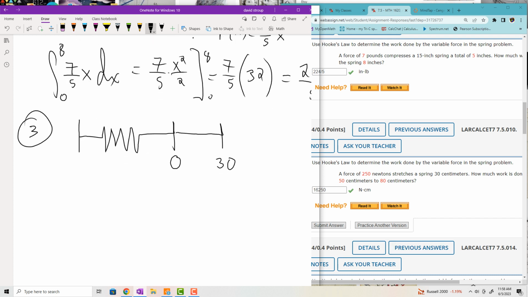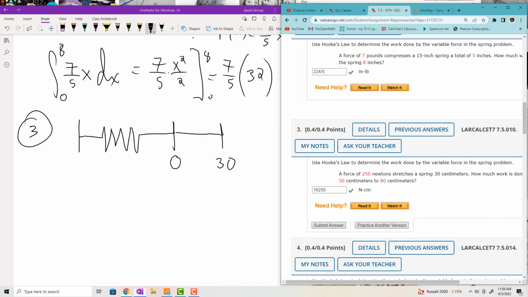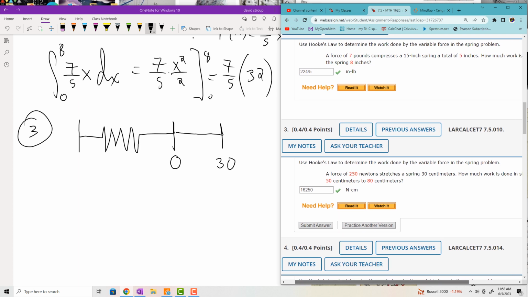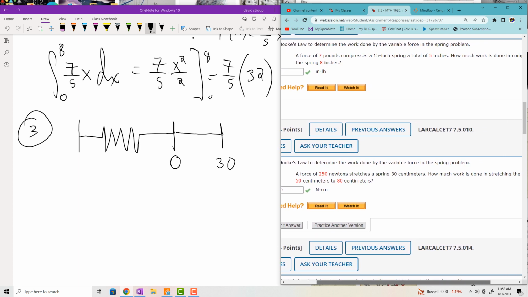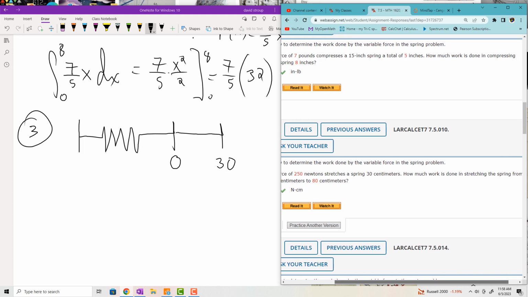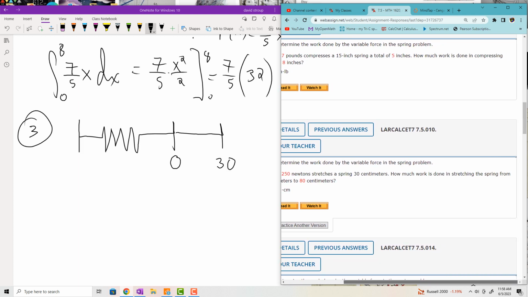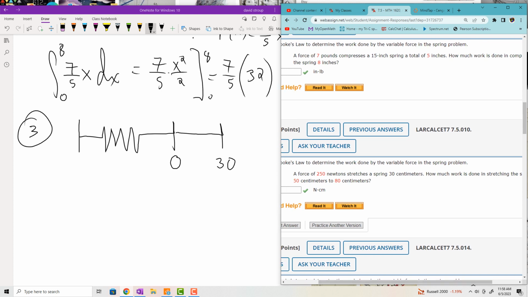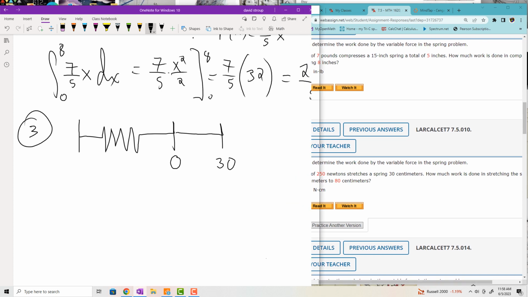Okay, reading the problem: use Hooke's law to determine the amount of work. A force of 250 newtons stretches a spring 30 centimeters. How much work is needed to stretch it from 50 to 80? So ultimately I'm worried about stretching the thing from 50 out here to 80.